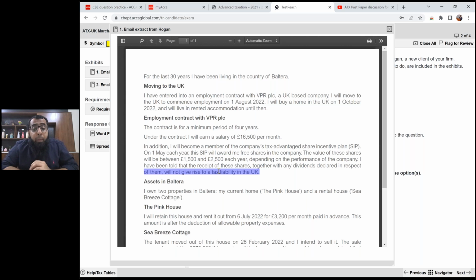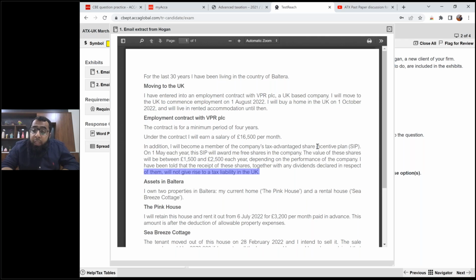Now, if you all remember the rules of the share incentive plan, in a share incentive plan, you can get free shares, and it will not create any tax implication if you retain those shares for at least a period of 5 years. If you dispose of them after 5 years, then there are no tax implications.